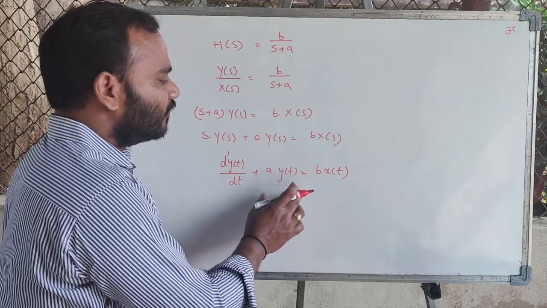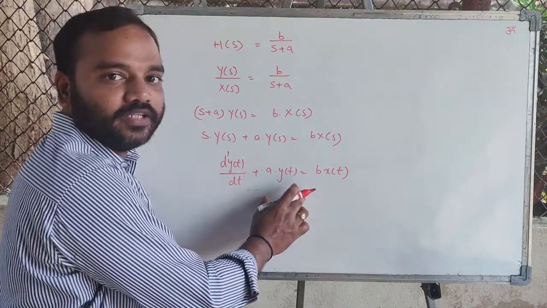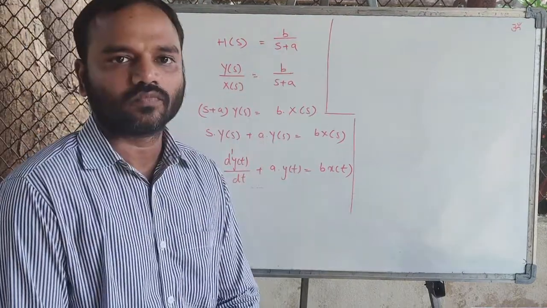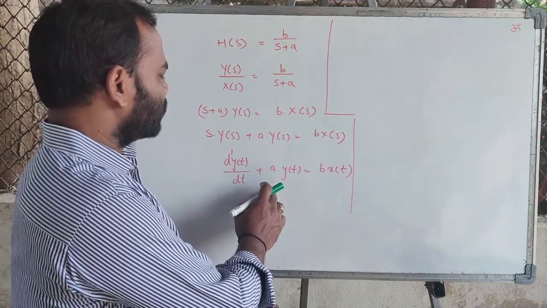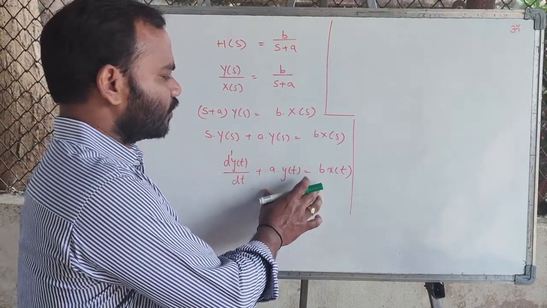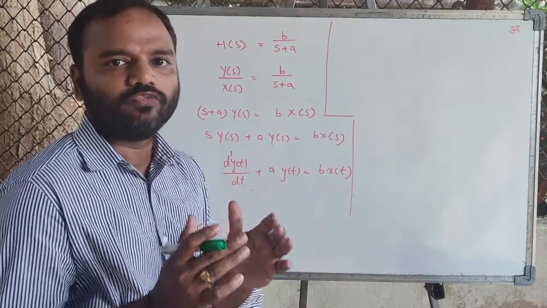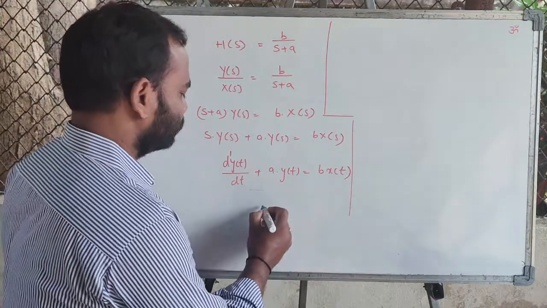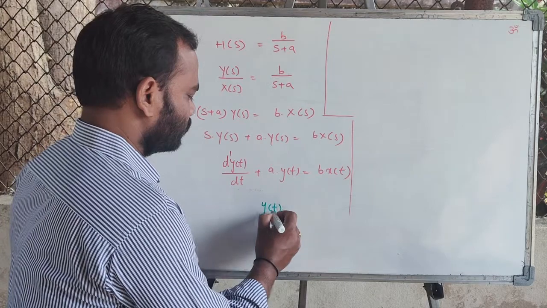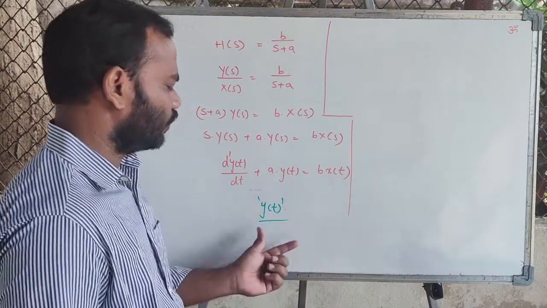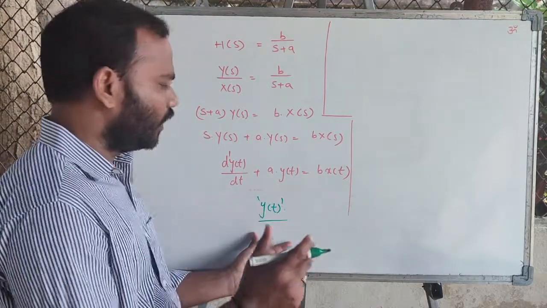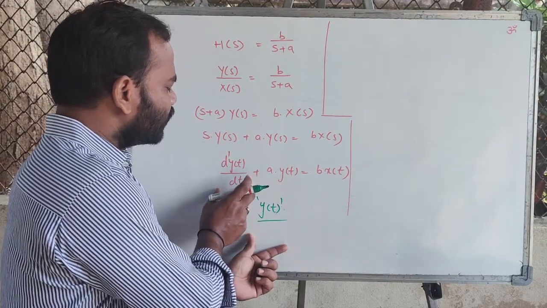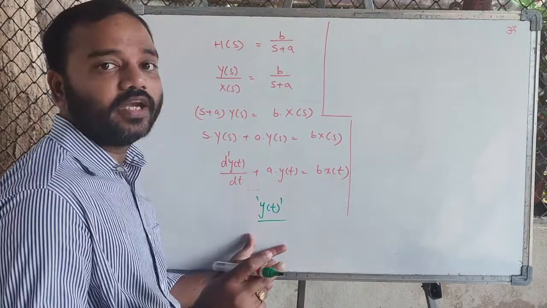First order differential equation describing the transfer function of a linear filter. From this differential equation, we need to find the value of y of t. So, one approach is to approximate this differential equation with a difference equation.